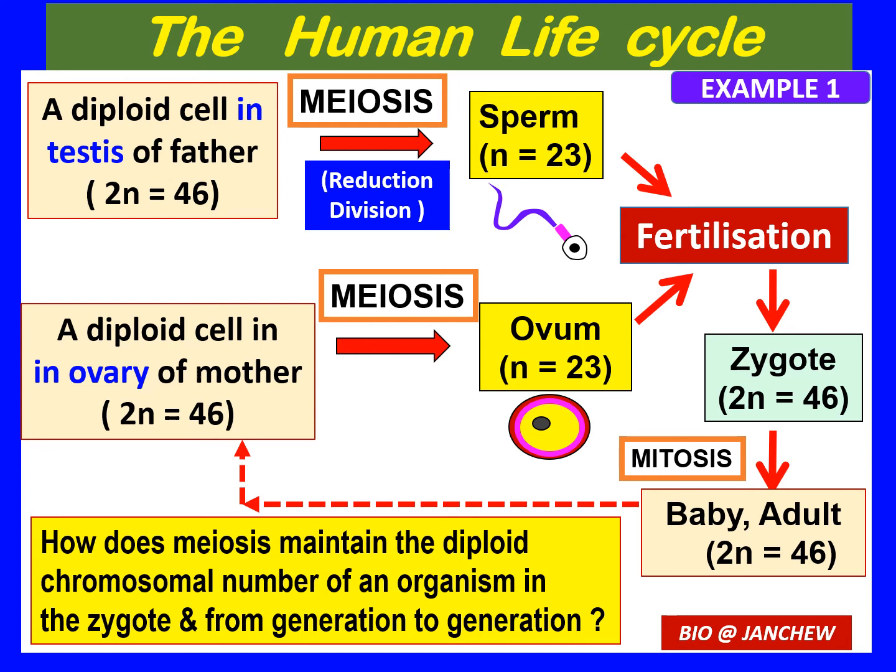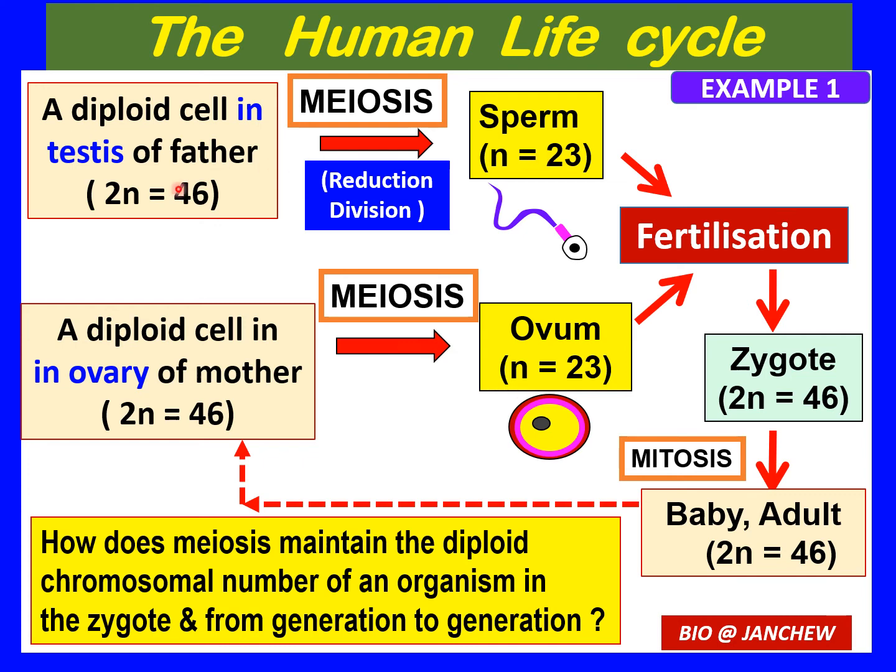Let's continue to discuss how meiosis maintains the diploid chromosomal number of an organism in the zygote after fertilization and also from generation to generation. In this picture, we see the human life cycle. So, a diploid cell in the testis of a father undergoes meiosis to produce a sperm cell.